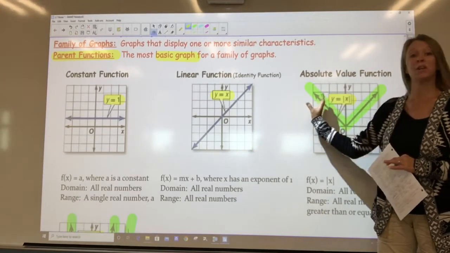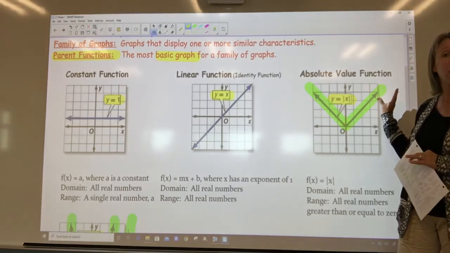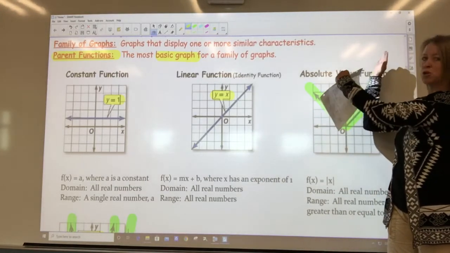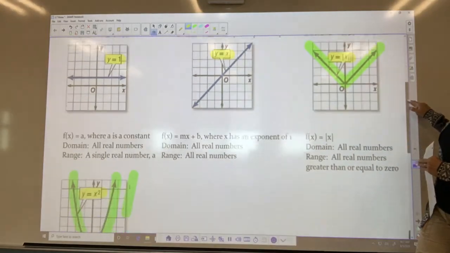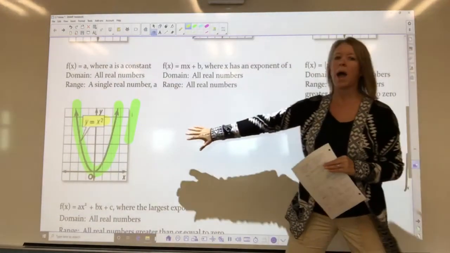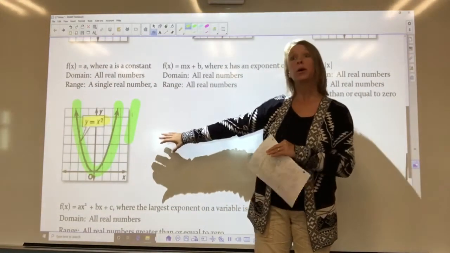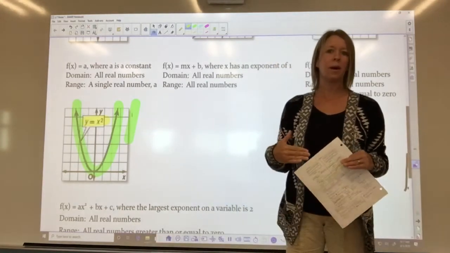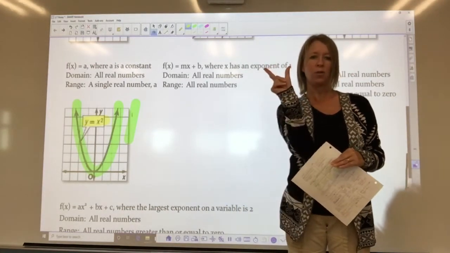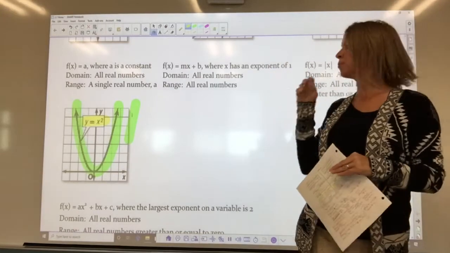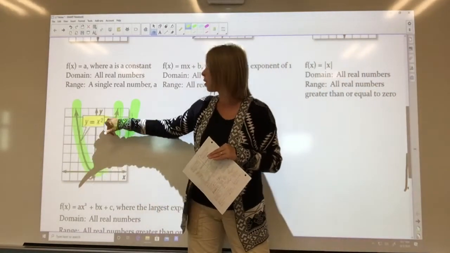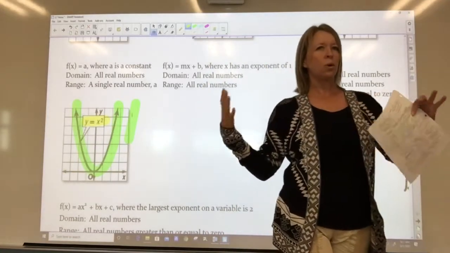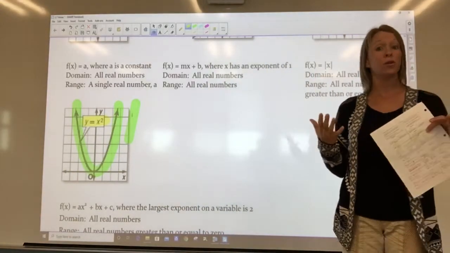It might be shifted to the left or to the right, or it could even be distorted and stretched. But you'll find that these shapes remain the same. Quadratics aren't going to change from looking like a parabola to looking like a straight line, or even the V graph that you get from absolute values.